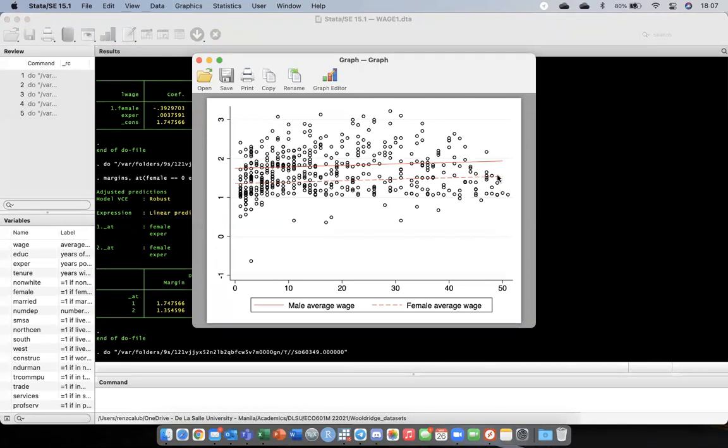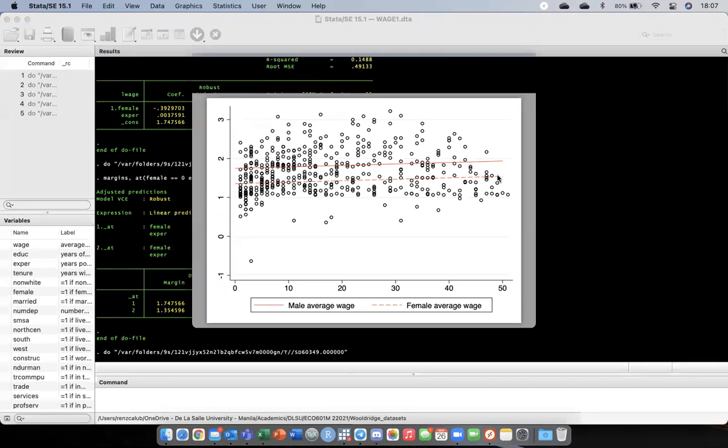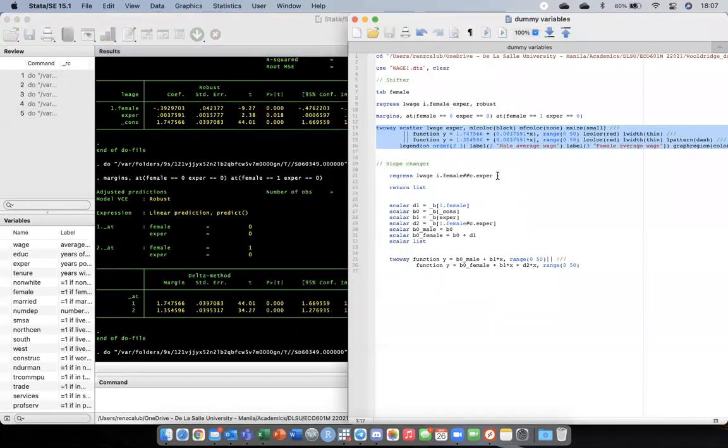So you use dummy variables to capture differences in the outcome variable across groups while controlling for other regressors. So that's the purpose of it being a shifter. The coefficient of the dummy variable represents the change in the intercept between groups of individuals in your sample.